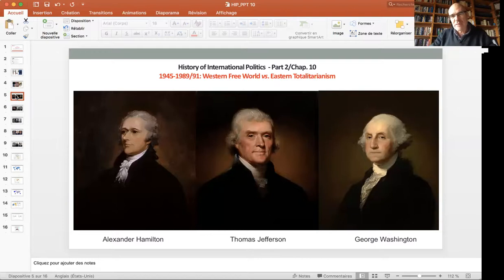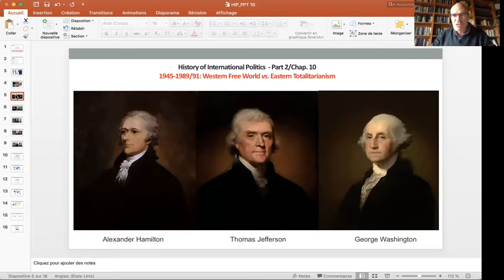And you may know that it is as late as 1949, with the creation of the North Atlantic Treaty Organization, that the US, for the very first time, more than 150 years after George Washington's farewell address, abandoned this recommendation, no entangling alliance.